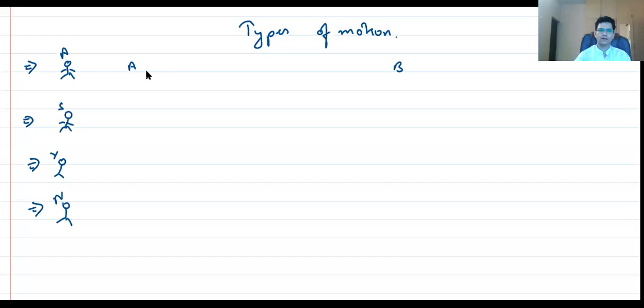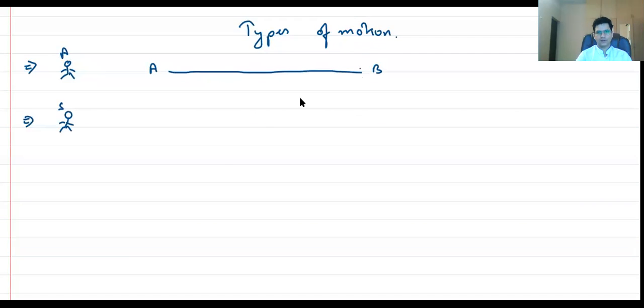So I'm saying that Arav is going from point A to point B in a straight line, like this. Got it? So what do you think?